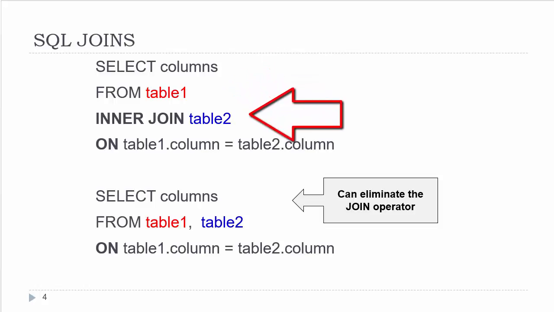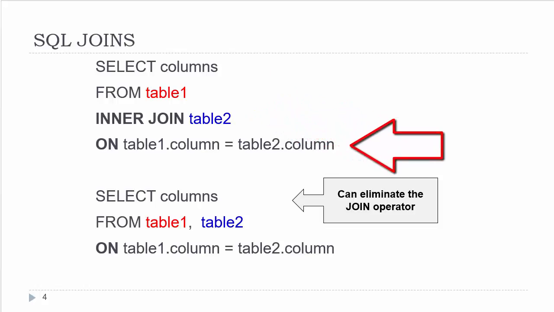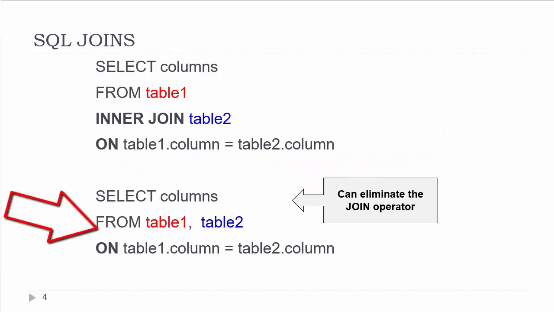Then you would have the join operator with the second table, and then you would have the ON clause, which essentially is tying in the common field between those two tables. You also can write a join without the join operator by merely specifying the two tables and then also with the ON clause or keyword identifying the common fields.